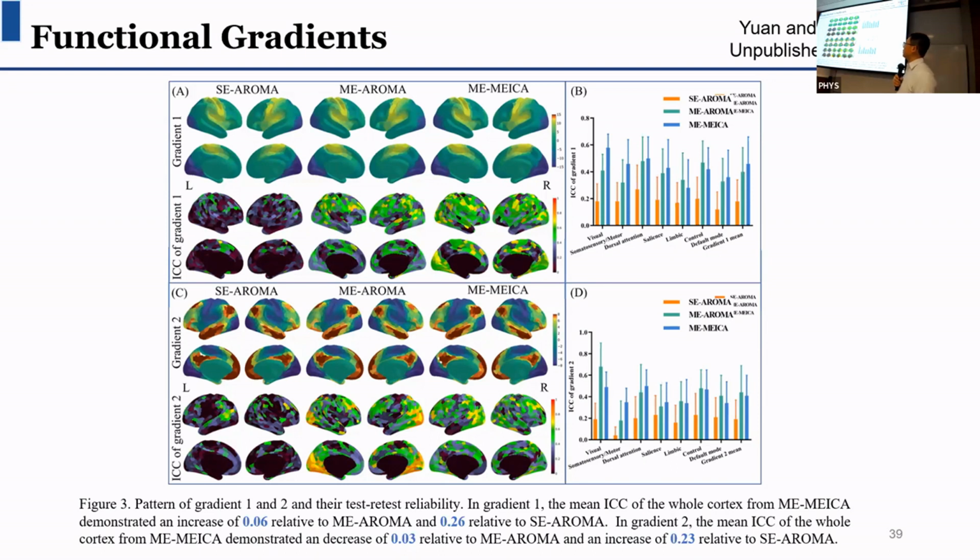I cannot say which is correct, because as I mentioned, you cannot define accuracy. We have no true effect as we previously defined. But you can see the reliability. This is ICC. You can see the reliability difference between single echo and multi-echo.